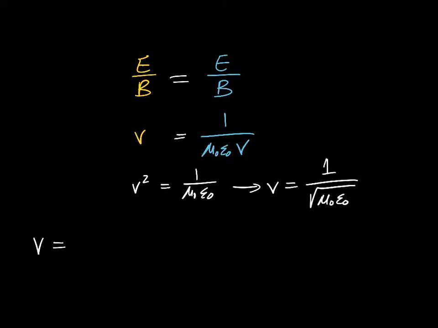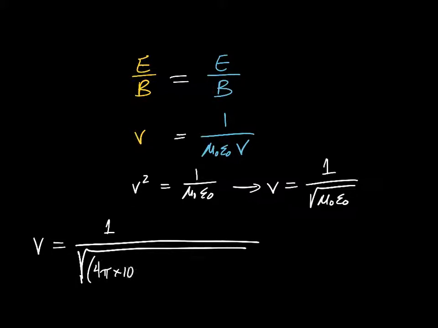So plugging and chugging that, mu naught is 4 pi times 10 to the minus 7 Henrys per meter in one viewpoint, but it's newtons per amp squared in this one.